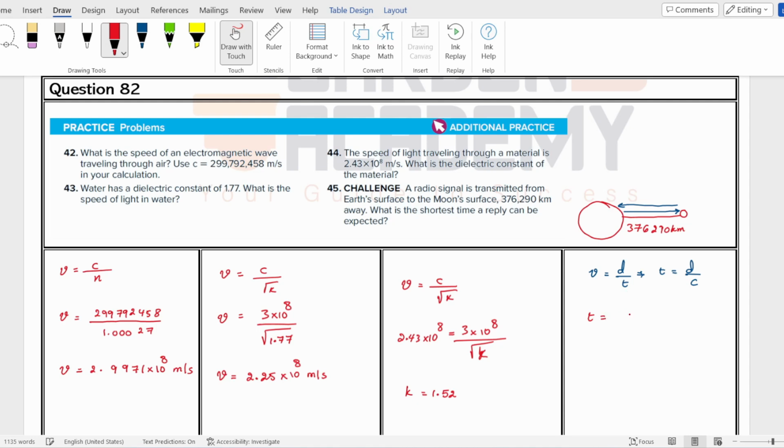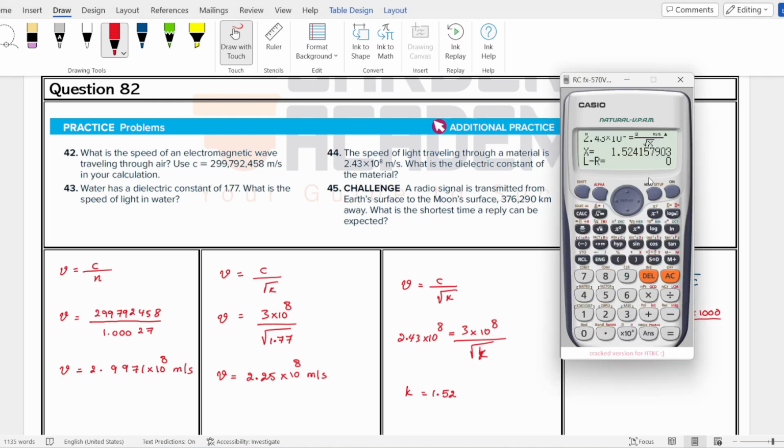Time is equal again to 2 times 376,290. Since he gave us the distance in kilometers, we have to multiply by 1000 to convert from kilometers to meters, divided by the speed of light, 3 times 10 to the power 8.